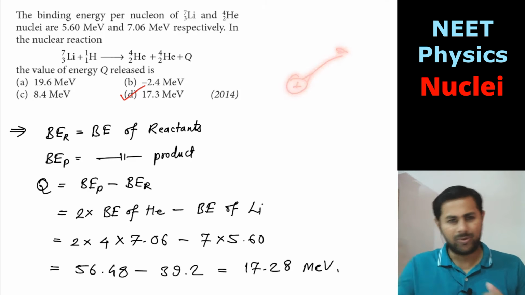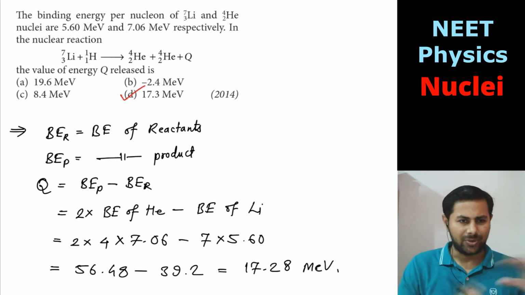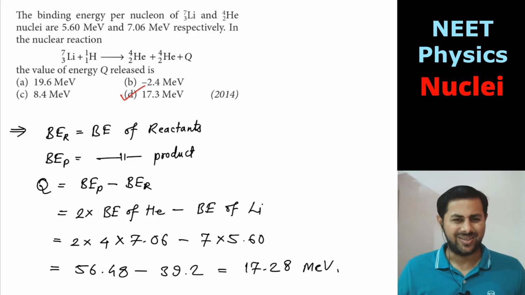If you remove the electron, what remains is a proton only. To make that proton free, just 13.6 electron volts is required, and you don't even have to give it to the nucleus, because the nucleus itself is a free proton, you can say.